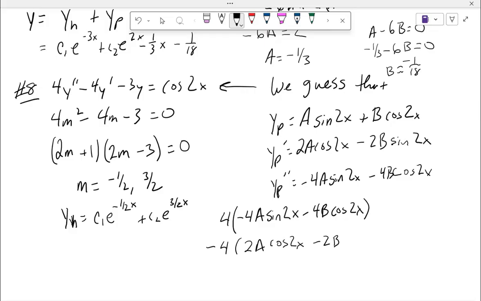Make sure I don't mess this up like I did the last time. We need to do minus 3 times the original function. And when we're done, we're supposed to get cosine of 2x, right?